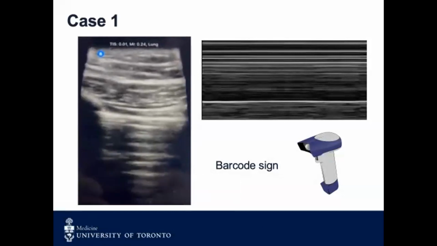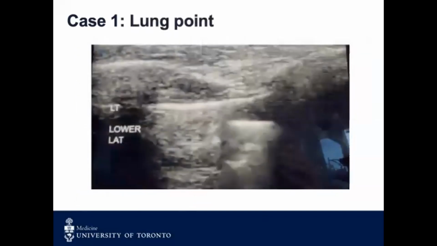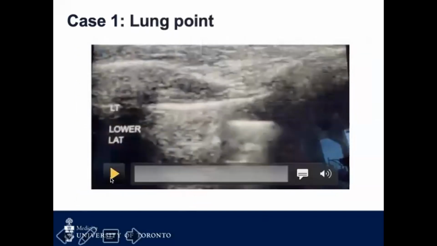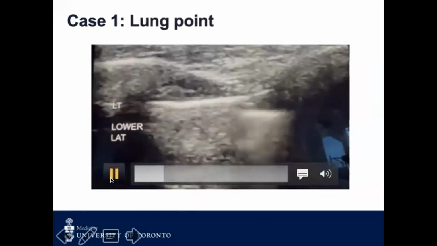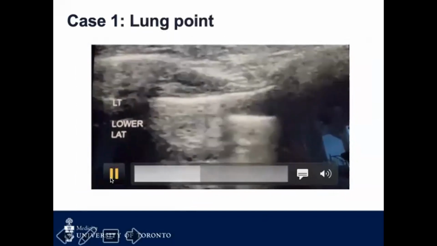So you don't see any lung sliding and you don't see a lung pulse here. Just to confirm, you do the M mode and you see what we call the barcode sign. There's no movement in that specific area. You then move your probe down a little bit just to convince yourself because you're a really good clinician and you want to be sure.